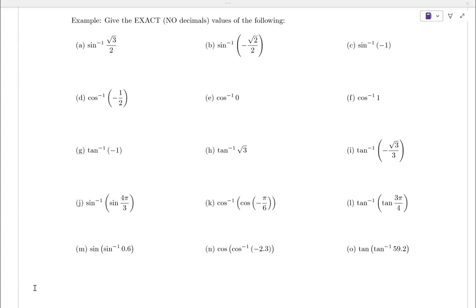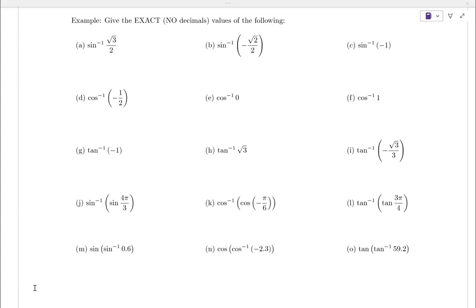So in this first one, we're asked to find the inverse sine of root 3 over 2. What angle gives us a sine value of root 3 over 2? So what angle do you know? Yeah, it's a 60-degree angle, so it's pi over 3. So that's what we're looking for.